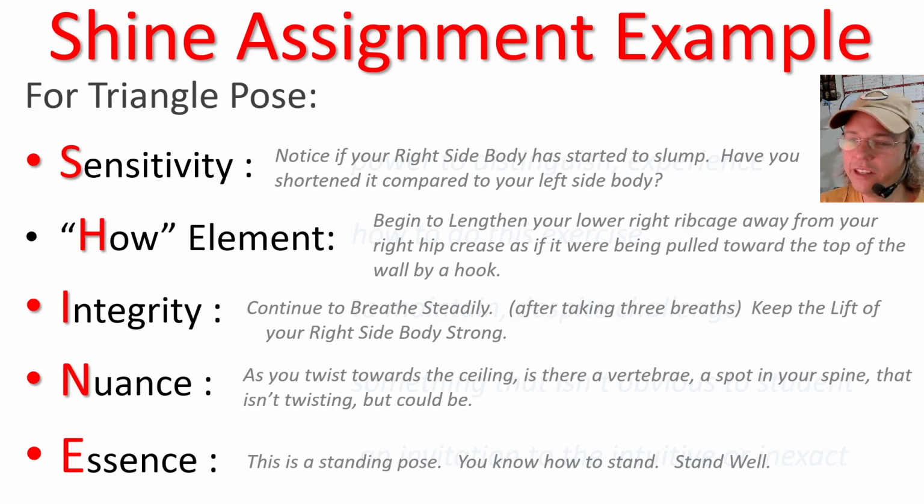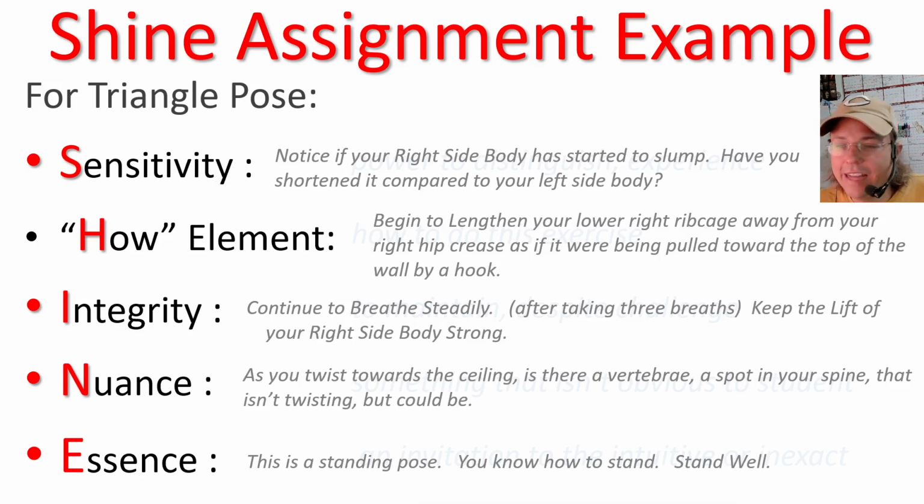And so this is, again, not an element that is about the what, which is triangle pose, the shape, but is how. How do we go about this? Bringing a quality of lift is one answer to how we go about this amongst the 12,748 ways that could be how we would do something in triangle pose.